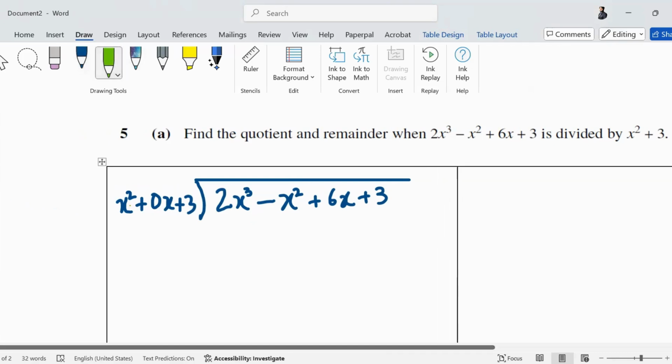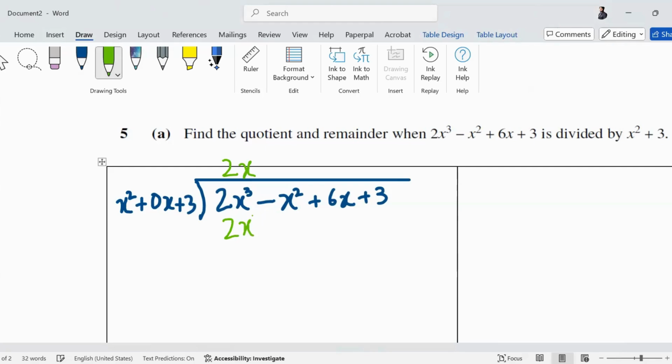Now multiply, again focusing on the highest powers only. I must multiply this by 2x. And this will become 2x cubed plus 0x squared, since 0 multiplied by anything will be 0, and plus 6x. Is that right? And I'll subtract both of them.